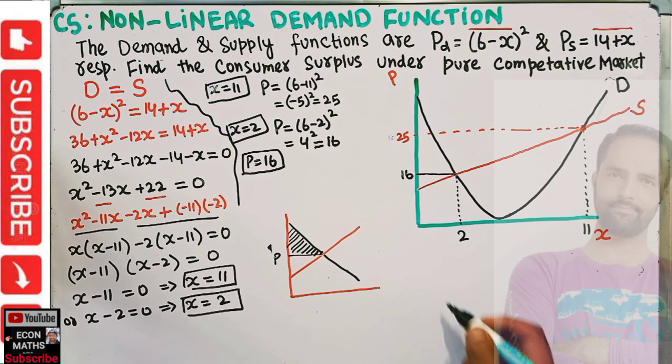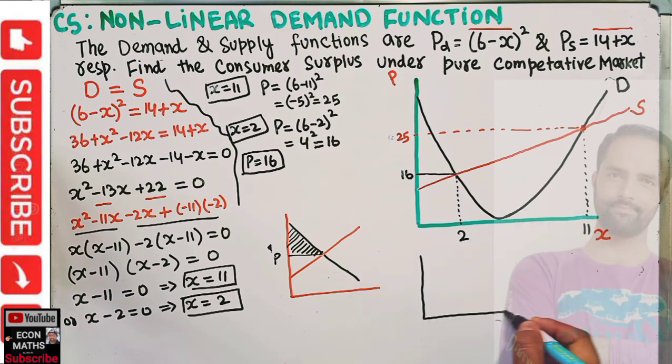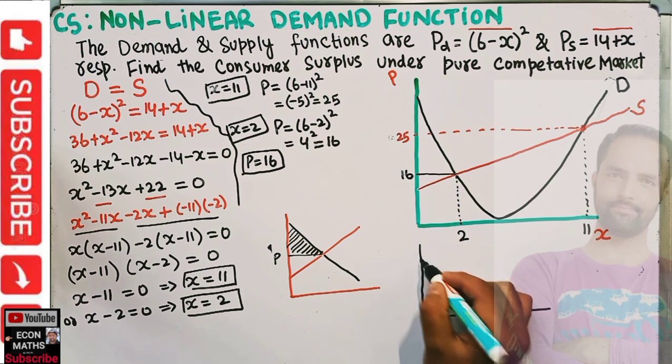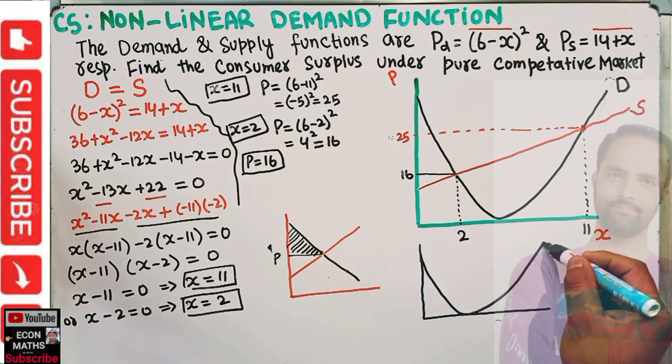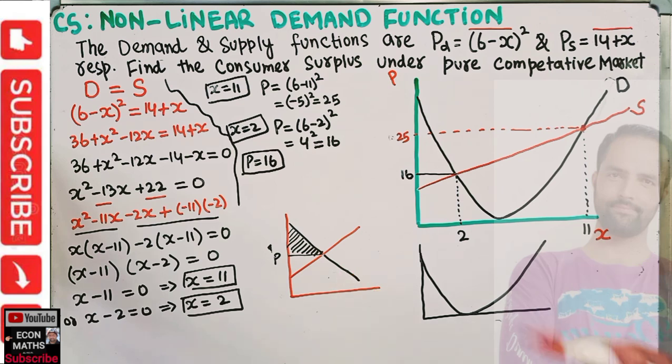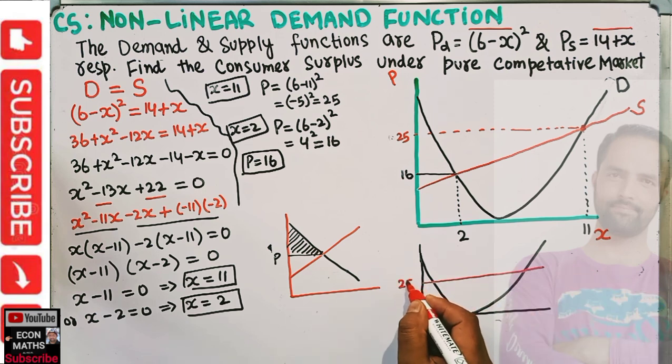But in this case, if I try to replicate it here, this is our demand function, and we have a price of 25. Let us say this is 25, this is the equilibrium price.